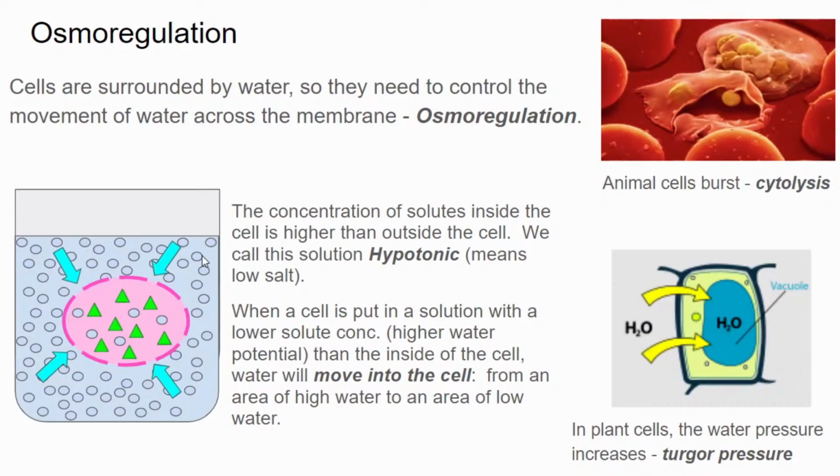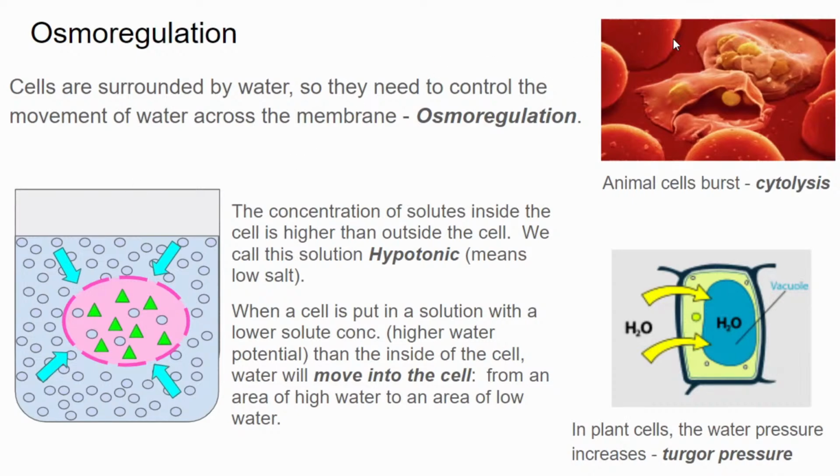What this means is that our water on the outside here is going to move to where there is a lower water potential or a lower water concentration. So all of our water here is going to try and rush into our cell. Okay, our water is going to move from an area of higher water potential to an area of lower water potential inside the cell.